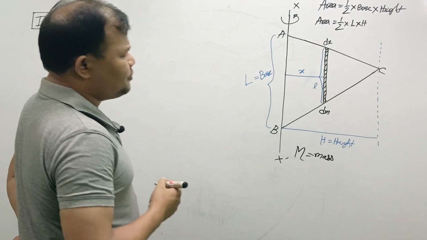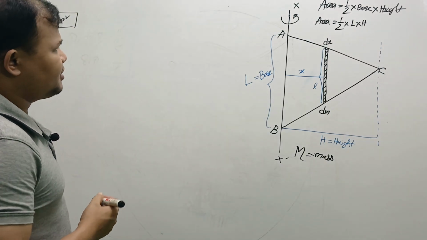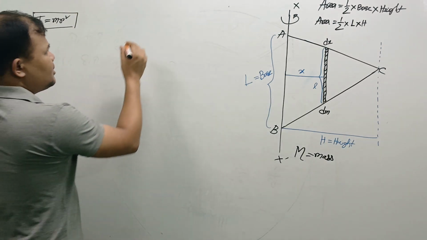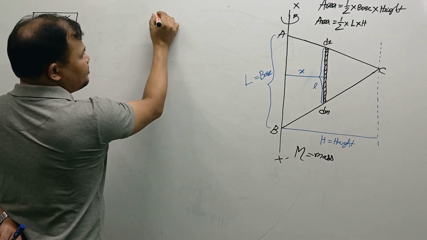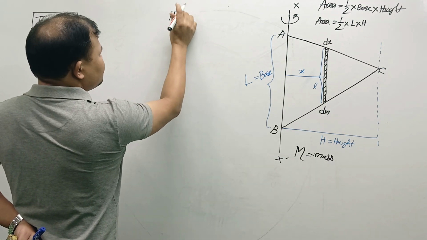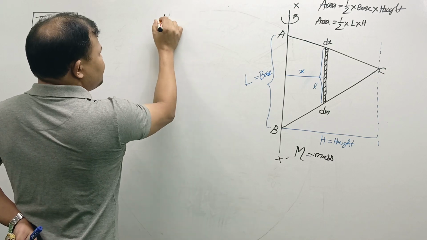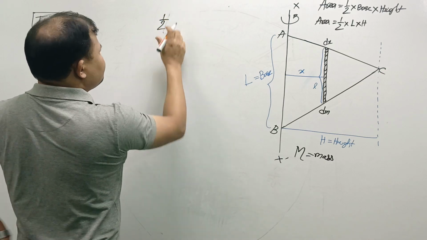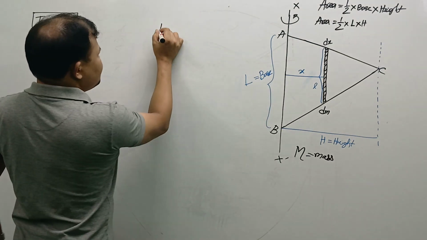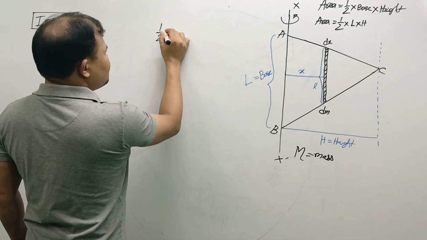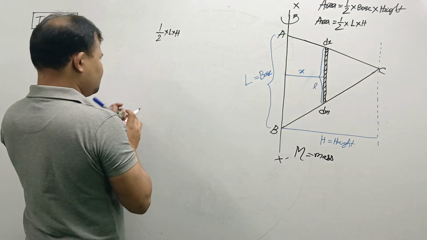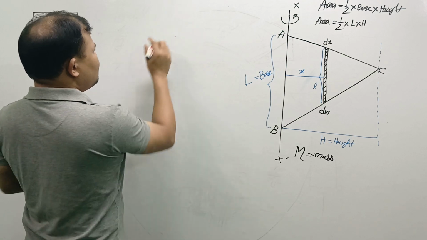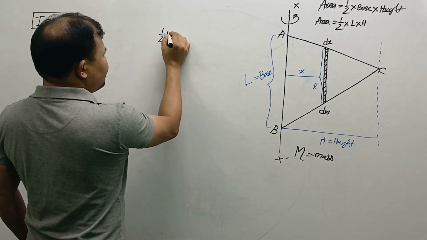How can we find the mass of this slice section? Suppose the area is half LS.